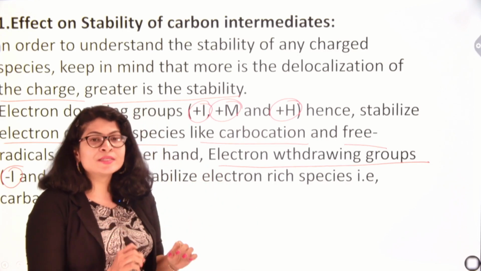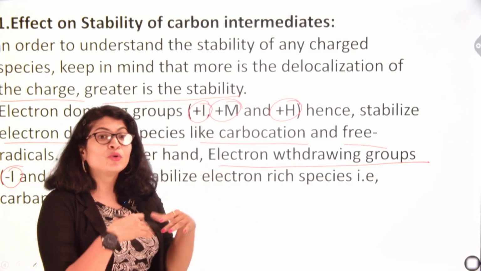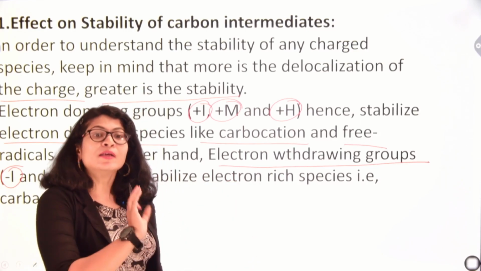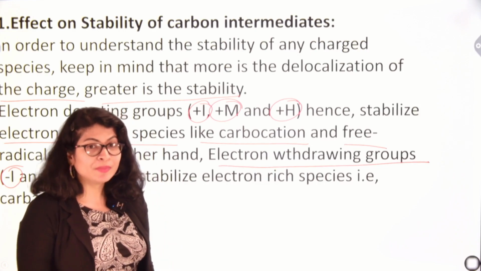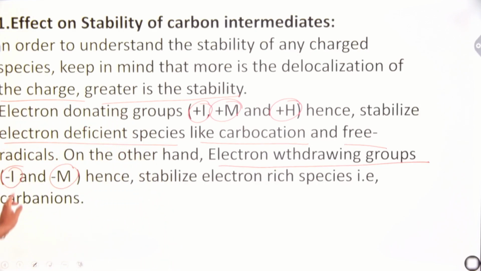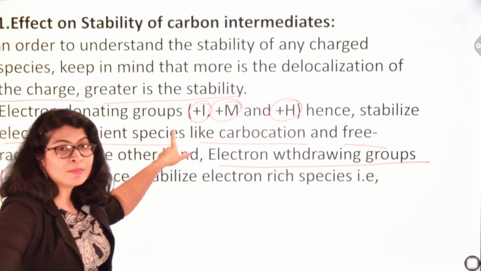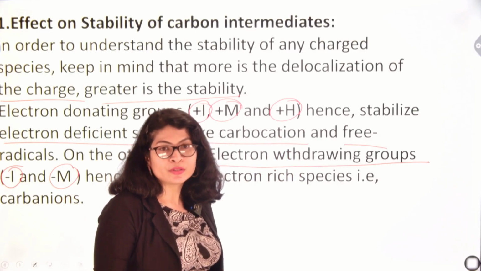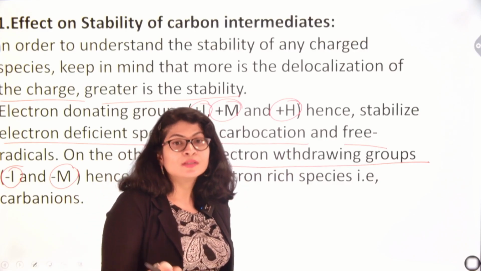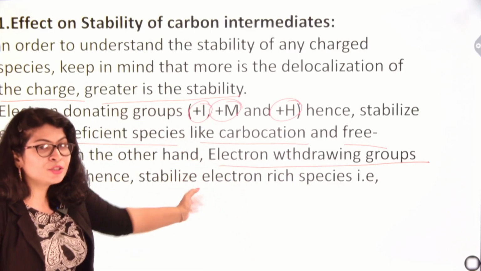It is always in a system where it has to donate its sigma bonds to a deficient atom. So there is no effect called -H. Keep that in mind. So basically, electron donating effects stabilize the carbocation and free radical, those that are deficient in electrons, and electron withdrawing groups stabilize the electron rich species, that is carbanions.